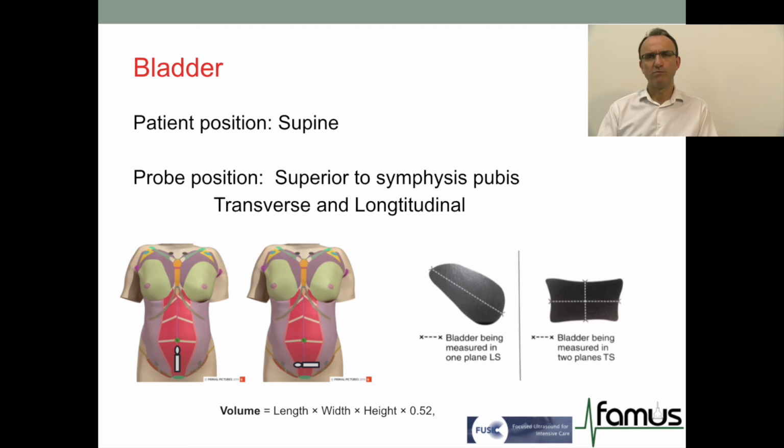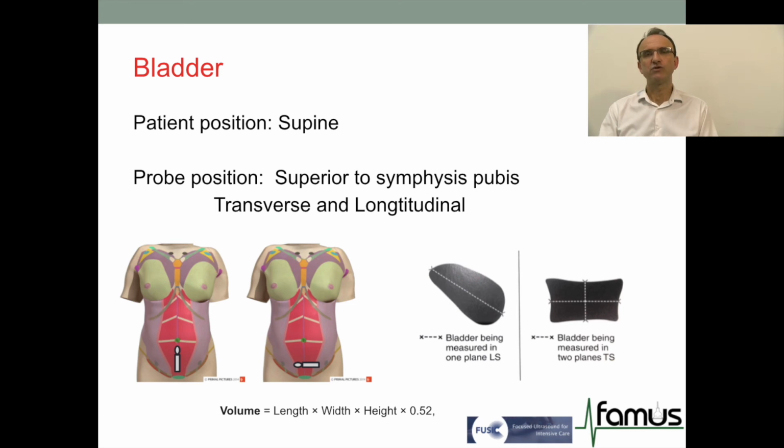The probe needs to be then swiped up and down to have a full image of the bladder, especially when the bladder is only partially replete. You will have to tilt downwards the probe on its transverse position to identify it.